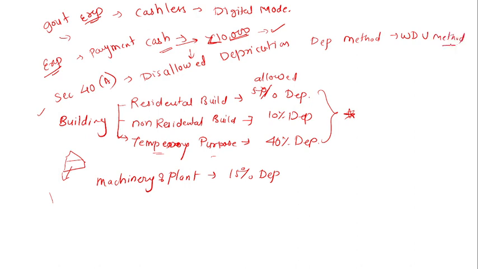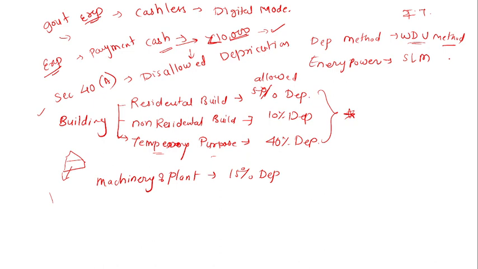While we are calculating income tax, in every case we are using the WDV method, but only in case of energy power, we will use the straight line method, SLM.